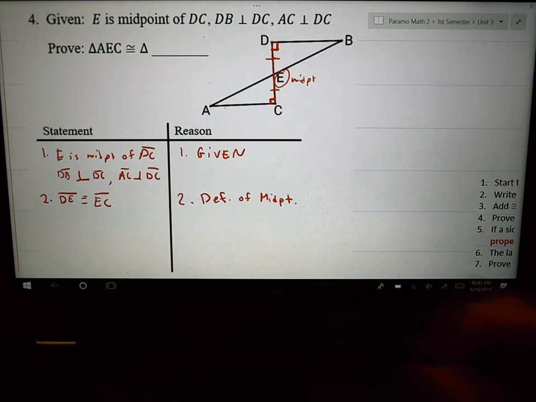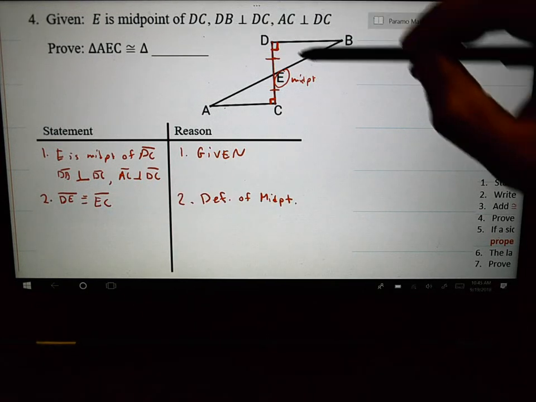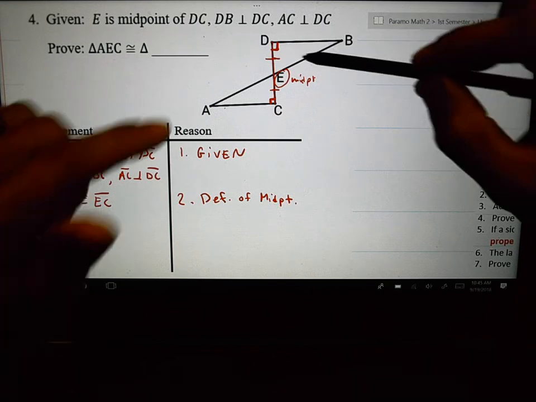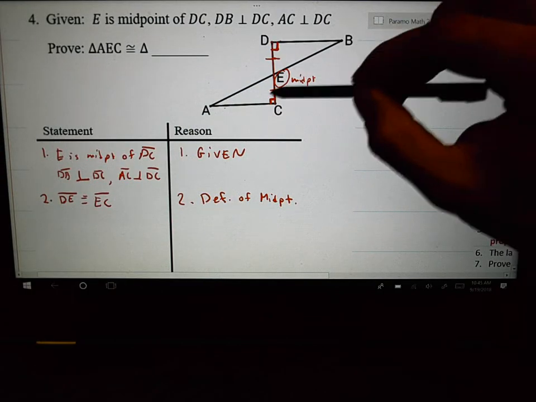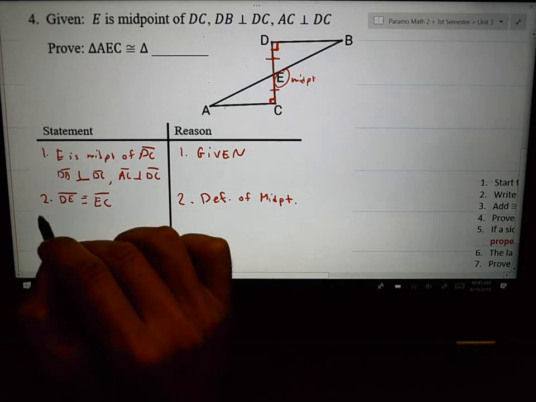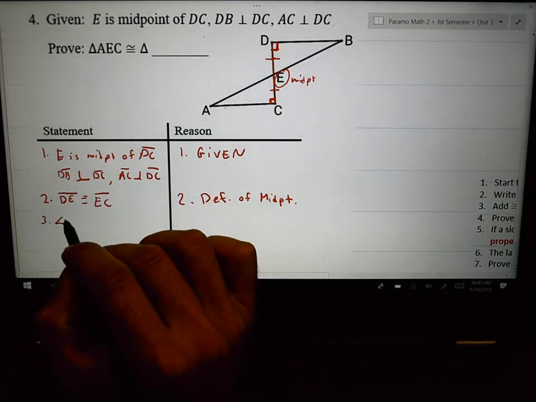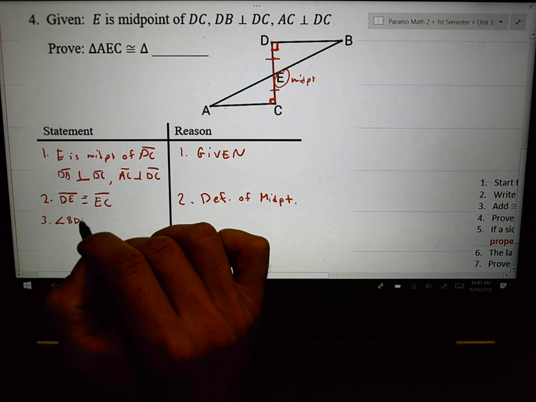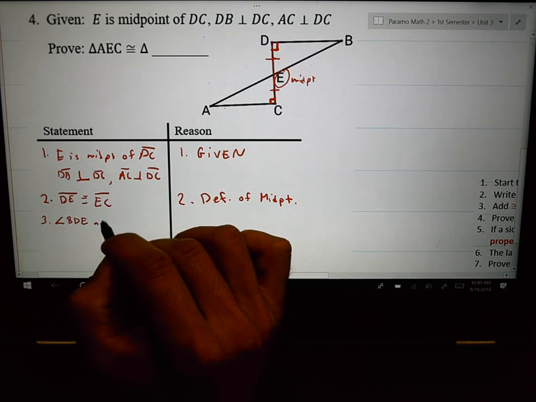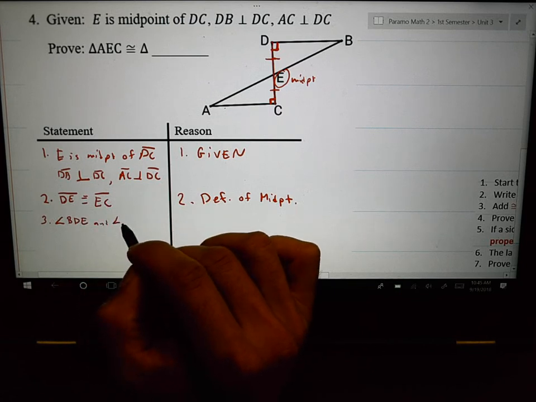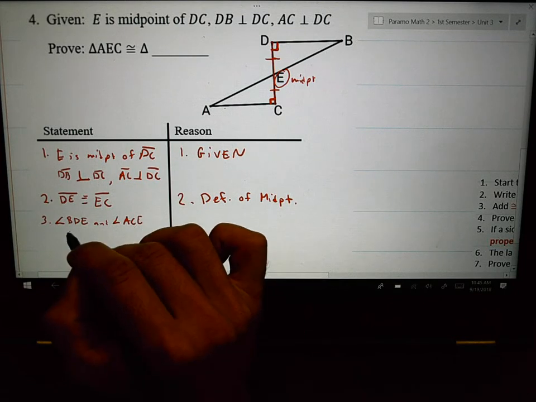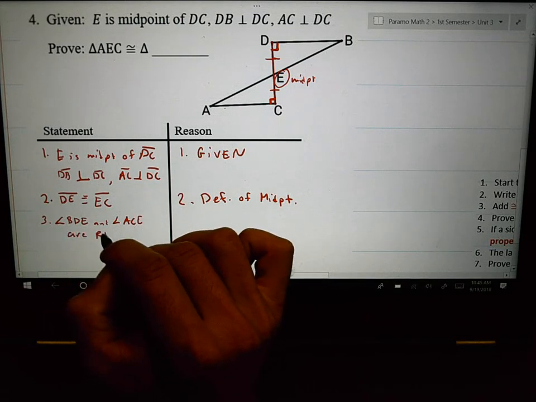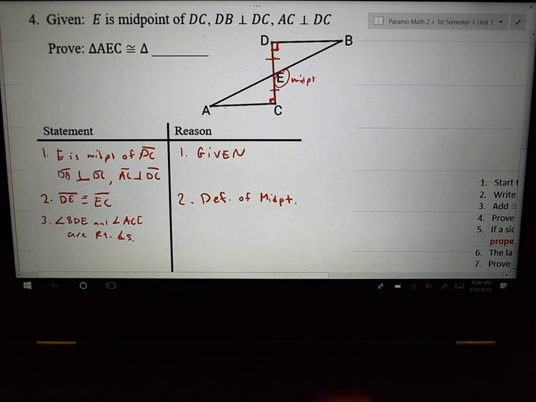We have a side. I need to say something about why I know these are right angles. First off, what should I do? I should say that number 3, angle BDE and angle ACE are right angles. How do I know that those are right angles?